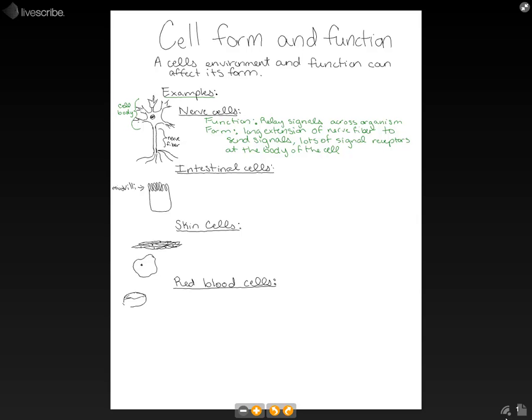Intestinal cells have a function to absorb nutrients, and the form with microvilli increases the surface area.